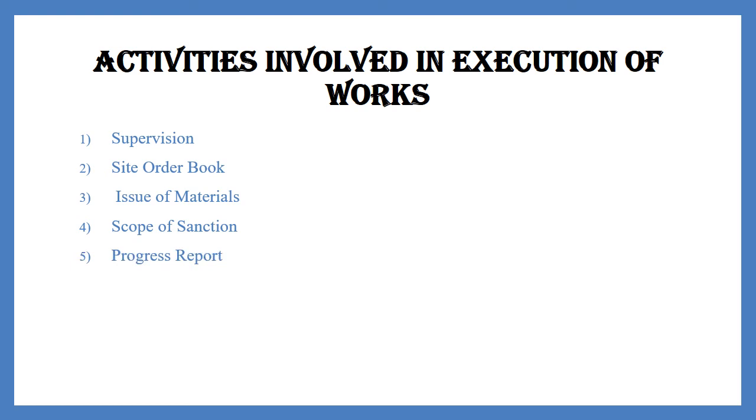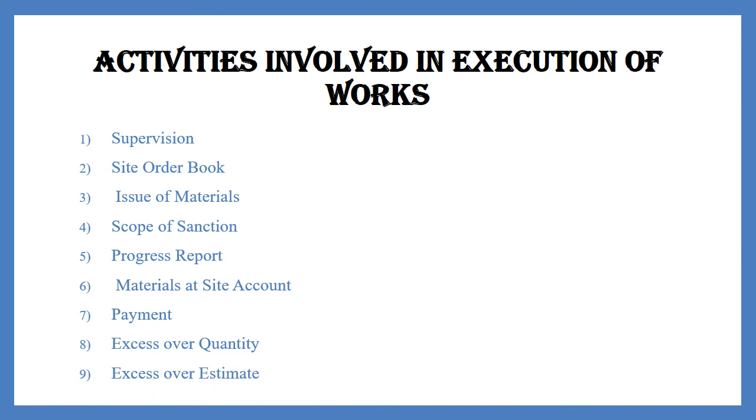Then there should be a progress report regarding the work. And there should be a report regarding materials at site account. And there should be details regarding the payment. And a report regarding excess over quantity, excess over estimate, etc.